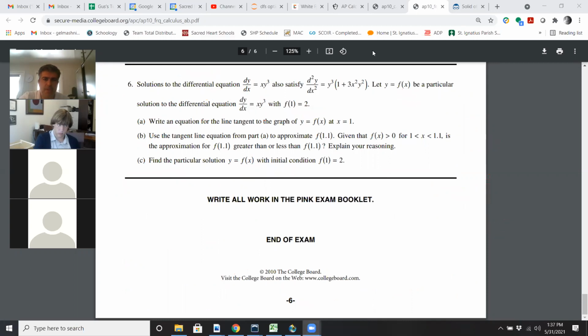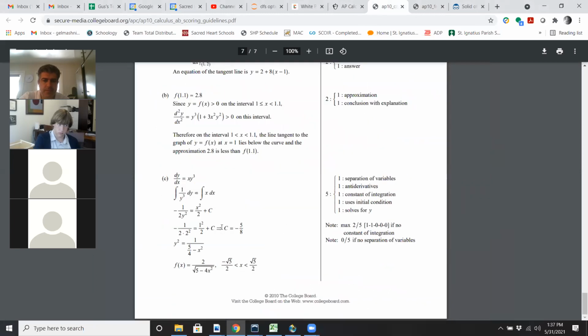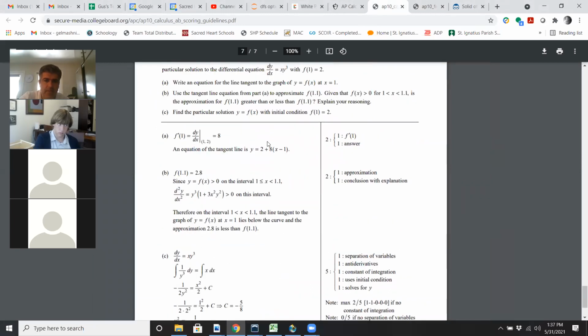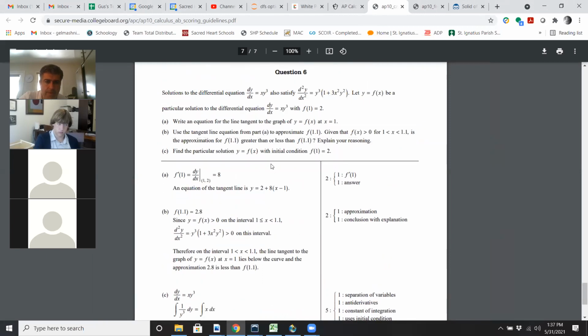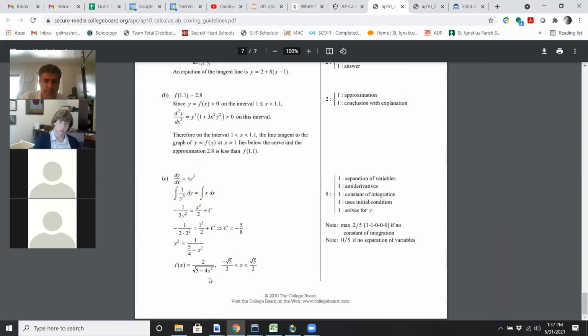Let's look at the solution key really fast here. Yeah, so we did that part quickly there. Slope was 8, we knew that. Did the approximation, and it was an under approximation because we were concave up. We separated.